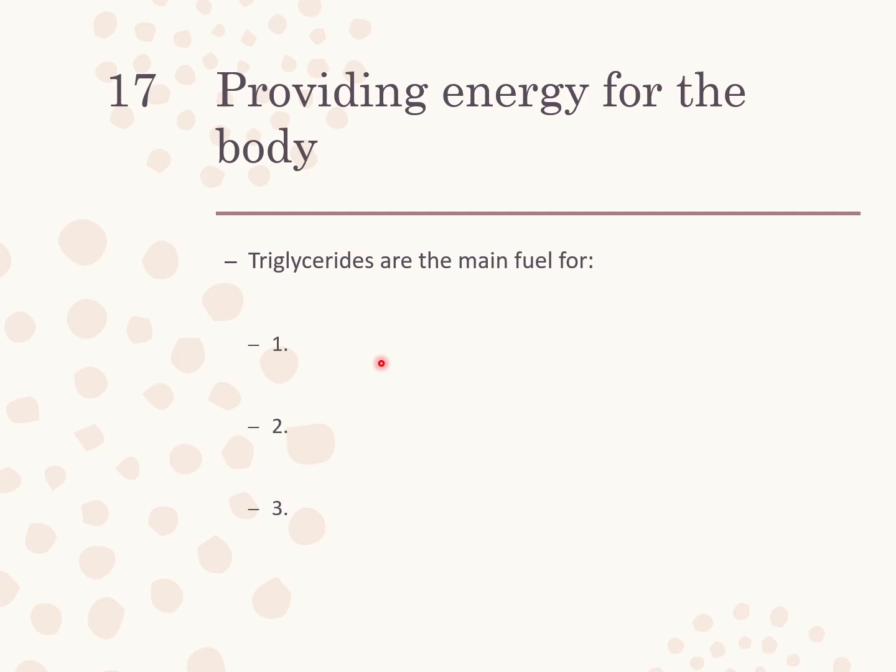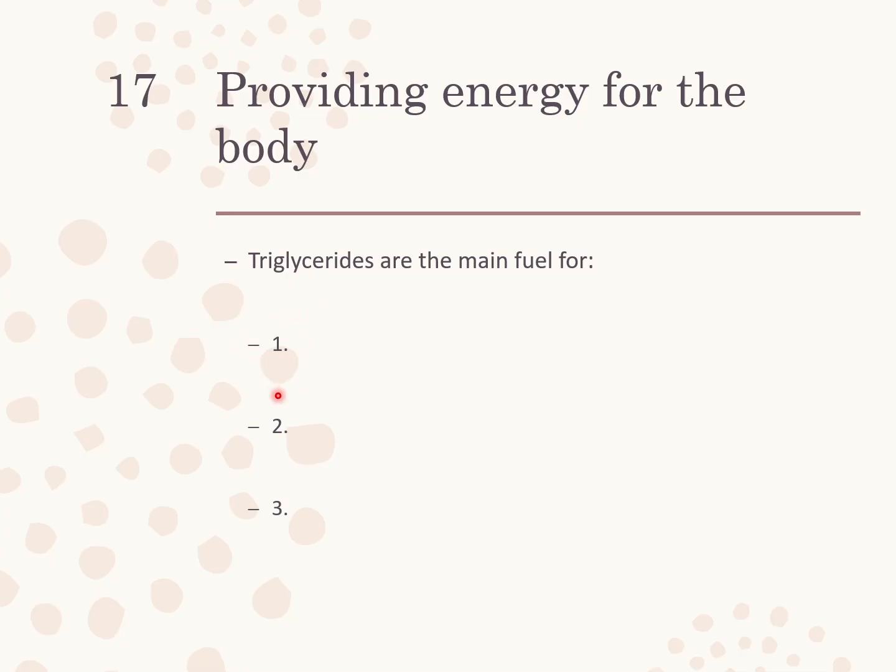We could use indirect calorimetry to find out exactly how much fat we're using while we're at rest. But as a good general rule, it is the main source of fuel for our muscles while we're at rest. Keep in mind that that's not a whole lot of calories. We're not burning a whole lot of calories just sitting here doing nothing. But we are getting those calories primarily from fat.